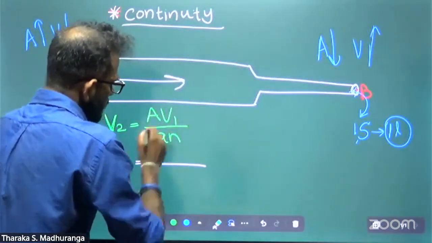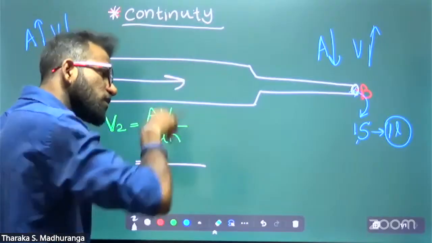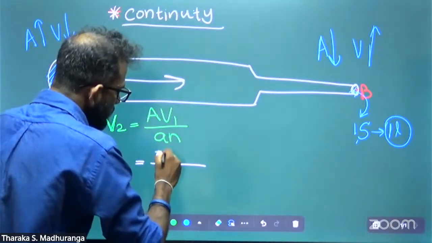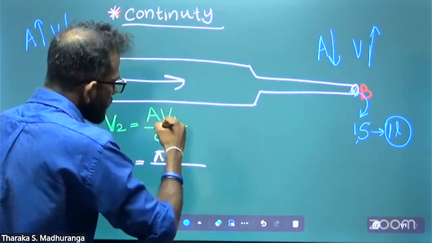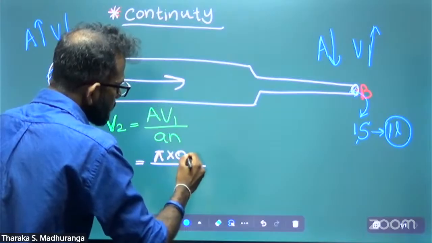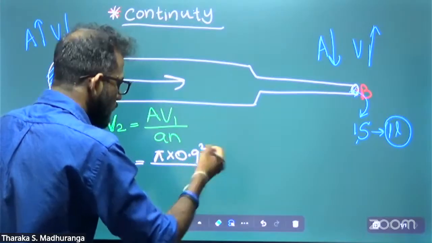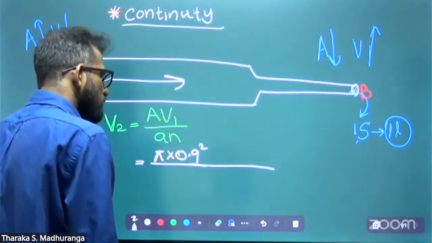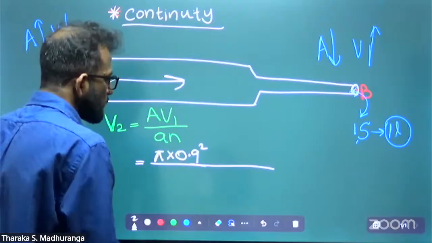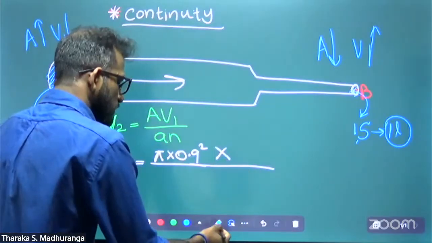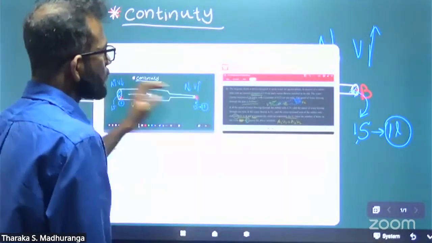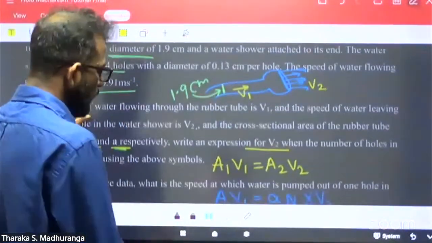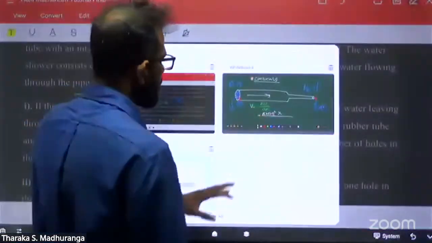Therefore, the cross section is circular, so it is pi r squared. Instead of r squared, I can substitute 0.95 squared centimeter squared. Don't need the unit now because both are given in centimeters, so we can substitute and cancel out units. The V1 is given. The flowing speed in the tube is 0.91 meters per second.